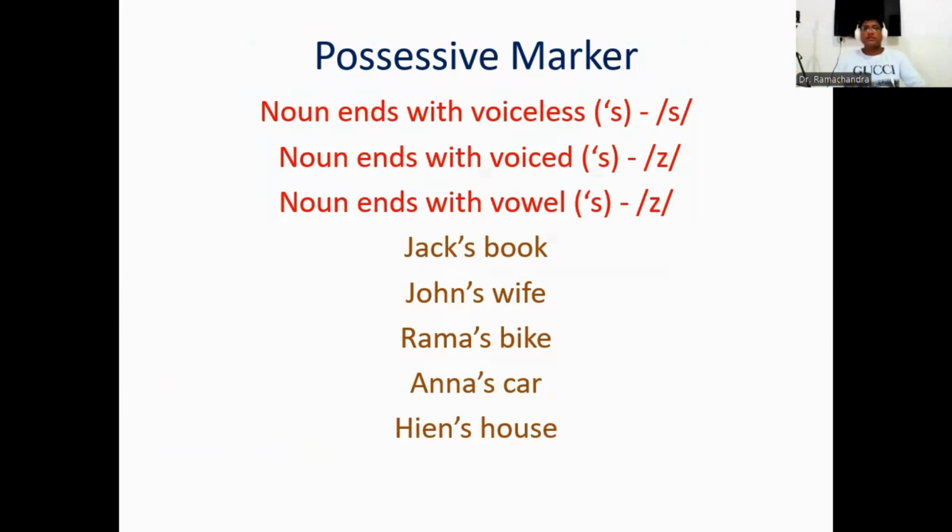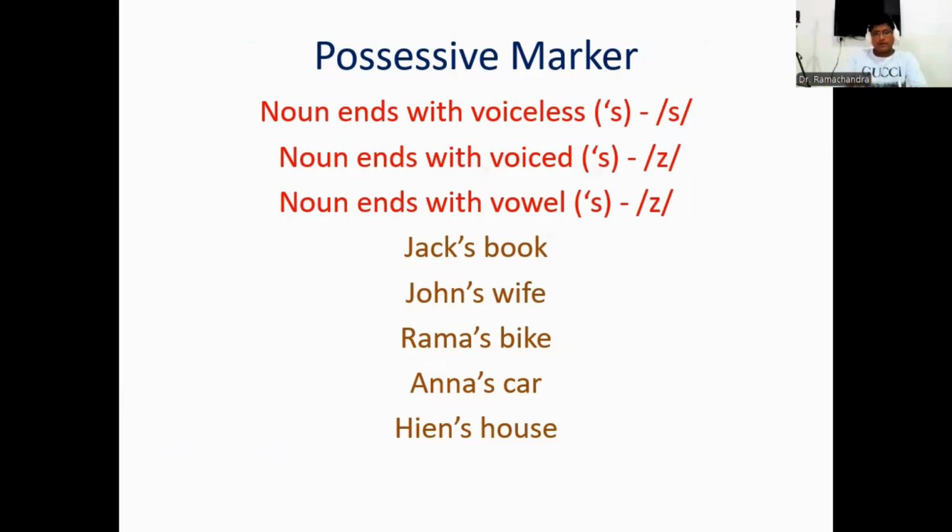The last marker is the possessive marker. Noun ends with voiceless sound: s. Noun ends with voiced sound: z. Noun ends with a vowel: z. And noun ends with s, z, sh, zh, ch, j: again, it would be iz.